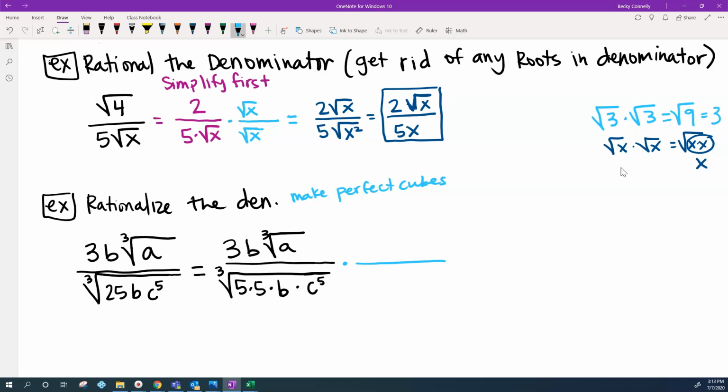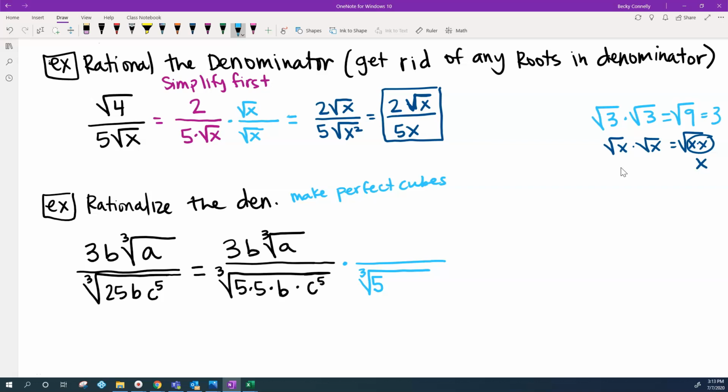Right now I can see that I have 2 5s, but remember, I need 3 of them in order for them to come out as a 5. So I need the cubed root of a 5, so that will give me 3 of them.